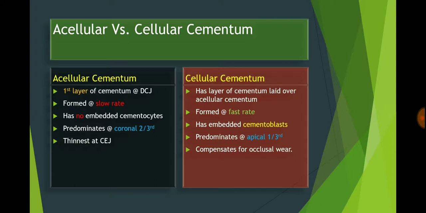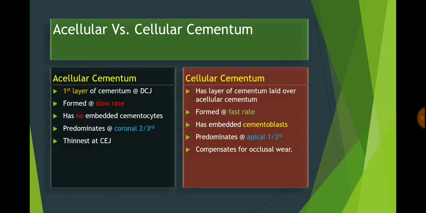In the acellular cementum, the first layer of cementum is found at the dentinocemental junction. This DCJ is where you find your first layer of acellular cementum. Acellular cementum is formed at a slower rate.